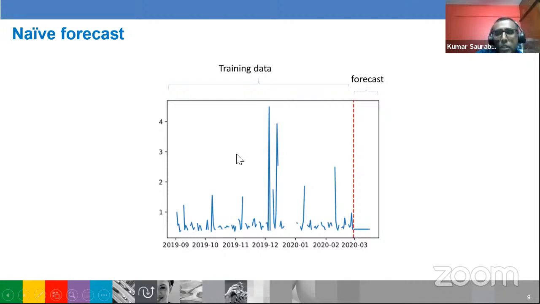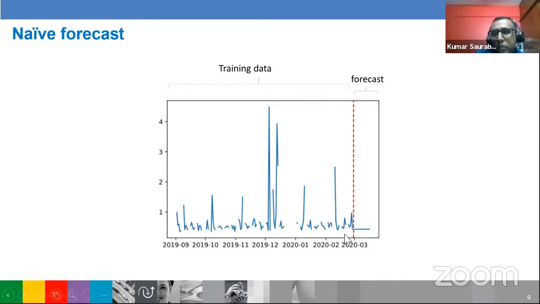For this particular job, the y-axis here is in seconds, and the forecast is close to maybe 0.4, 0.5 seconds. On the accuracy front, you can see visually that this naive forecast is not looking very accurate. It's not capturing any of the patterns in the training data. But the plus side is it runs very fast.